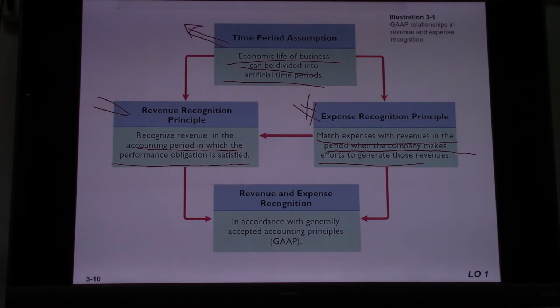Then you should know that both the revenue and expense recognition principles are in accordance with generally accepted accounting principles, while we have stated before that cash basis accounting does not comply with generally accepted accounting principles.